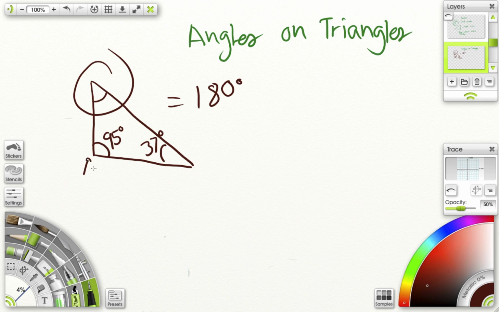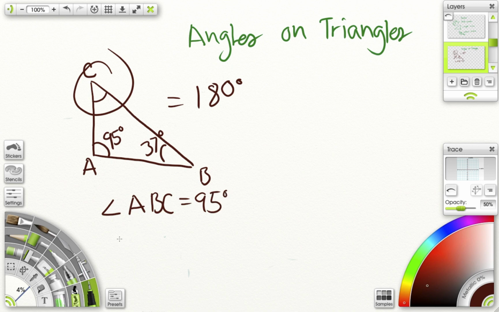So I'm going to call this triangle A, B, C. I know the angles of this one right here. This angle, 95 degrees, is called angle ABC. Some of you guys were calling this an L. It's actually an angle. It just looks like an L because of the way it's typed out. How I label this is I first look at the corner A, that would be my first one, then B, and then C. This angle right here equals 95 degrees.